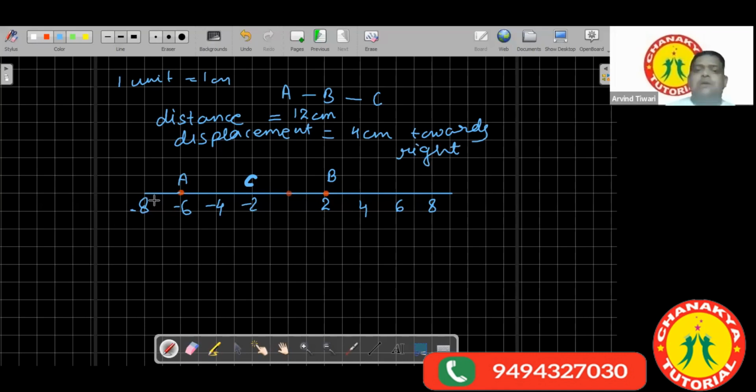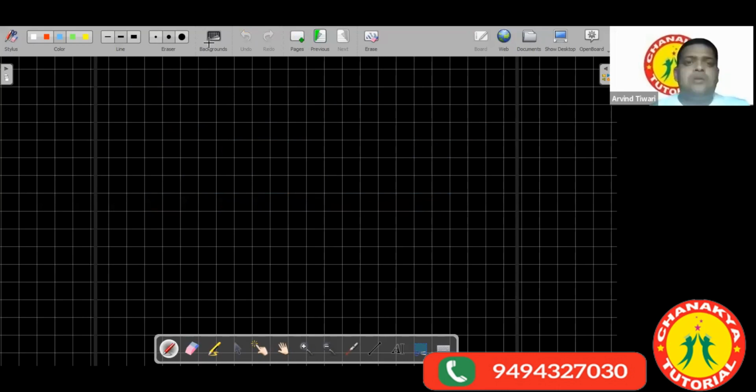Okay. So this is one way to look at distance and displacement. I hope now everyone understood the difference. Let's define again what is distance and displacement. Distance we have defined as the actual length of the path traveled.